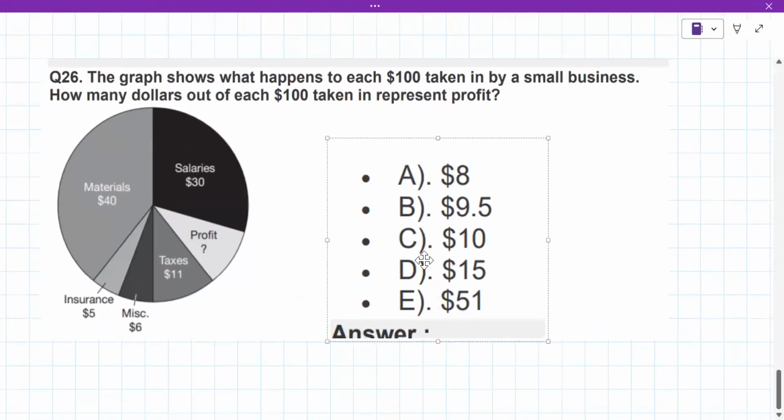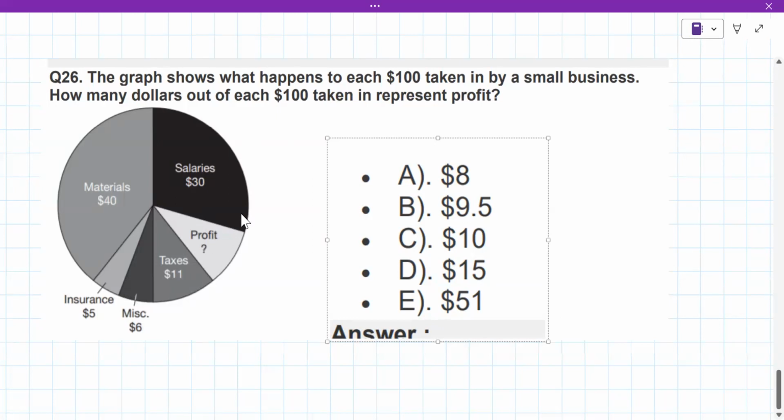The graphs show what happens to each $100 taken in by a small business. How many dollars out of each 100 taken in represents profit? So what they're saying is that when they get $100 in, $30 go to salaries, $40 to materials, 5 to insurance, 6 to miscellaneous, 11 to taxes. But how big is the slice to profit?